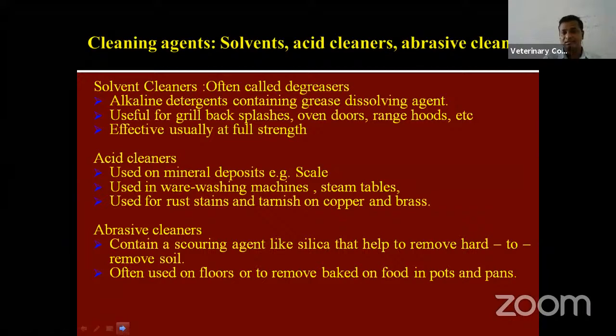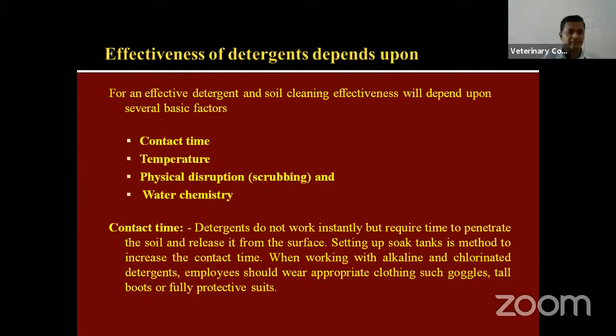The acid cleansers are very useful in removing mineral deposits. Mineral deposits means the milk stones, and likewise the scales that are formed on the surface, be it from food or even water. Abrasive cleaners contain silica. They bring about the mechanical action and dislodge the soil from the surface.